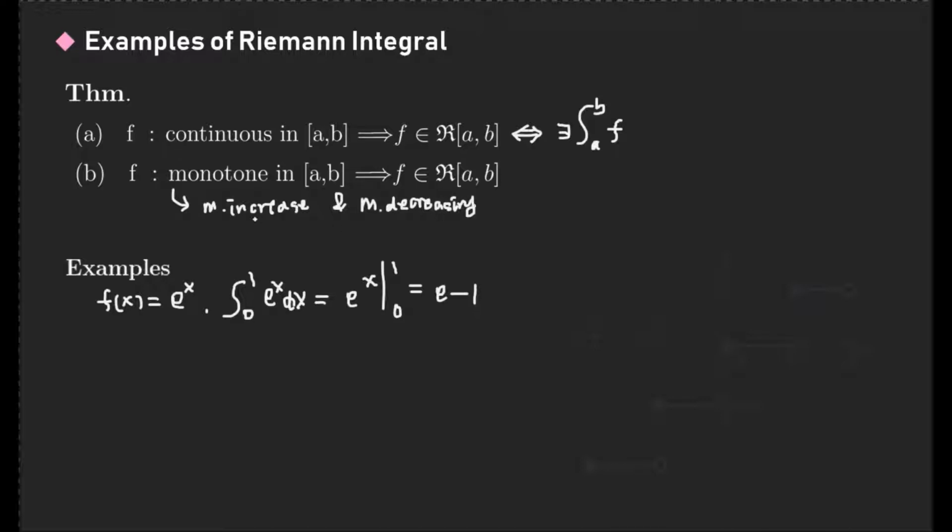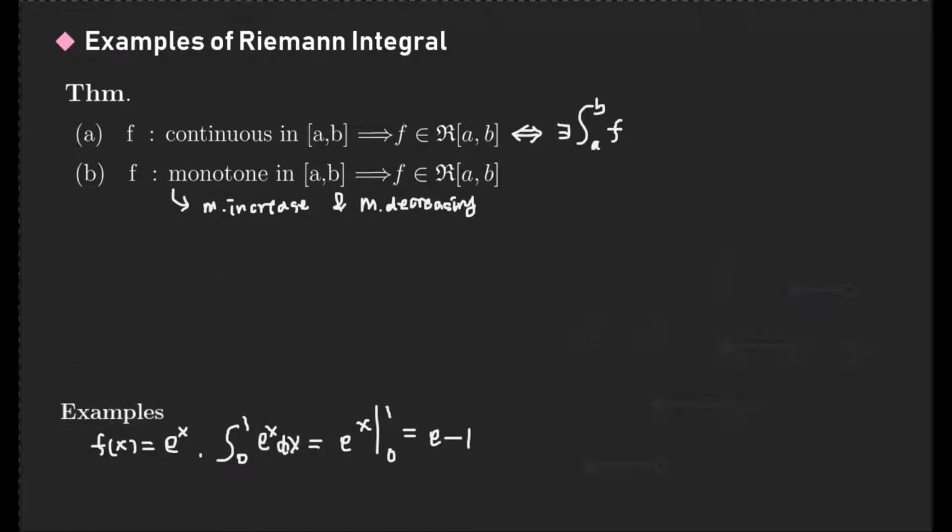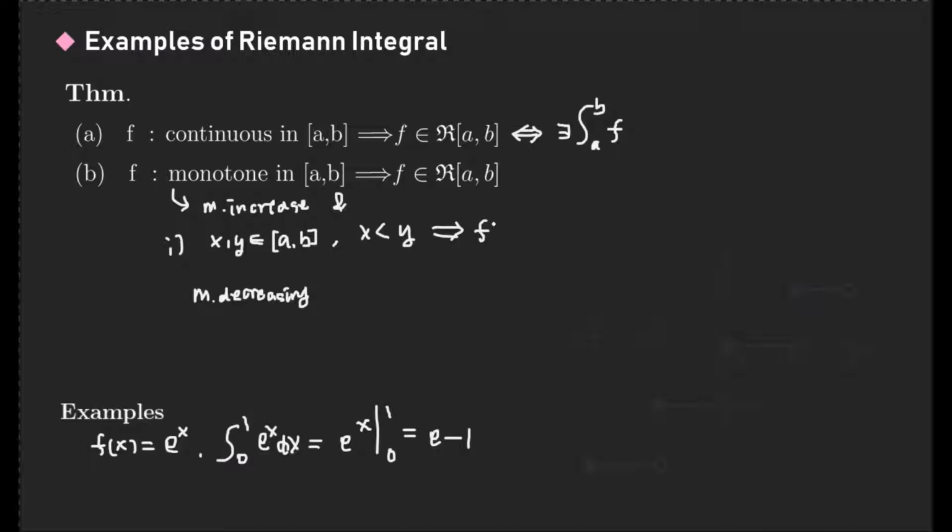The definition of monotone increasing is here. Consider x, y in the given interval [a, b]. Then monotone increasing means that if x is smaller than y, then f(x) is smaller than or equal to f(y).